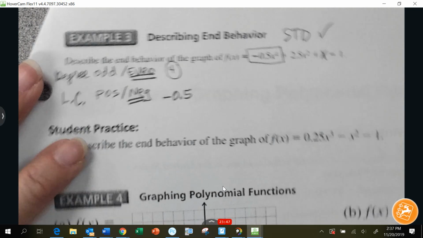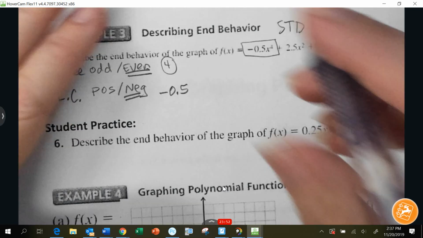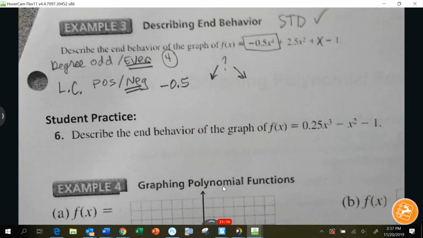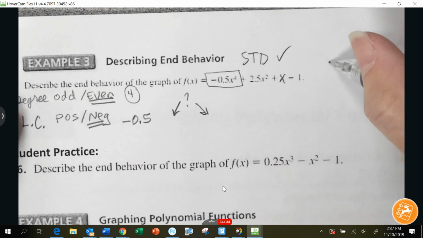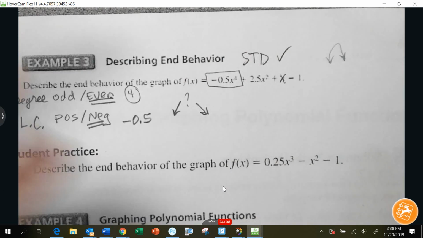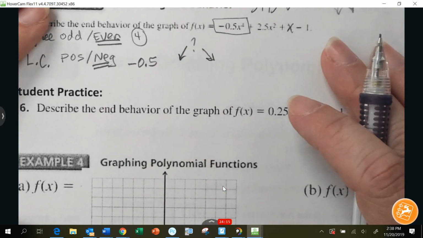So what does even and negative look like just at the ends? I don't know what goes on in between. I just know that the ends are both going to go down. Just like if it was a parabola, the ends would go down if it was negative. We figure that out later, not today. We're just going to talk about the end behavior for now.